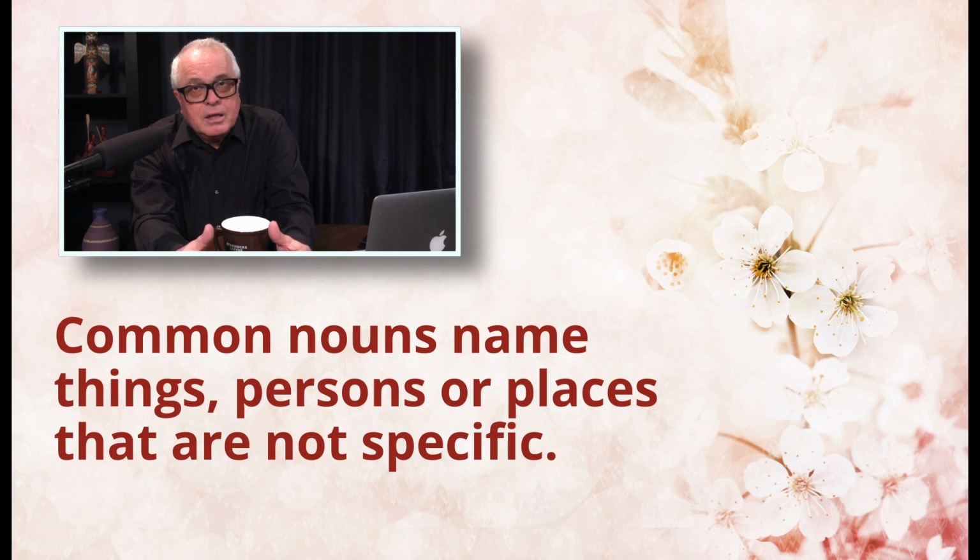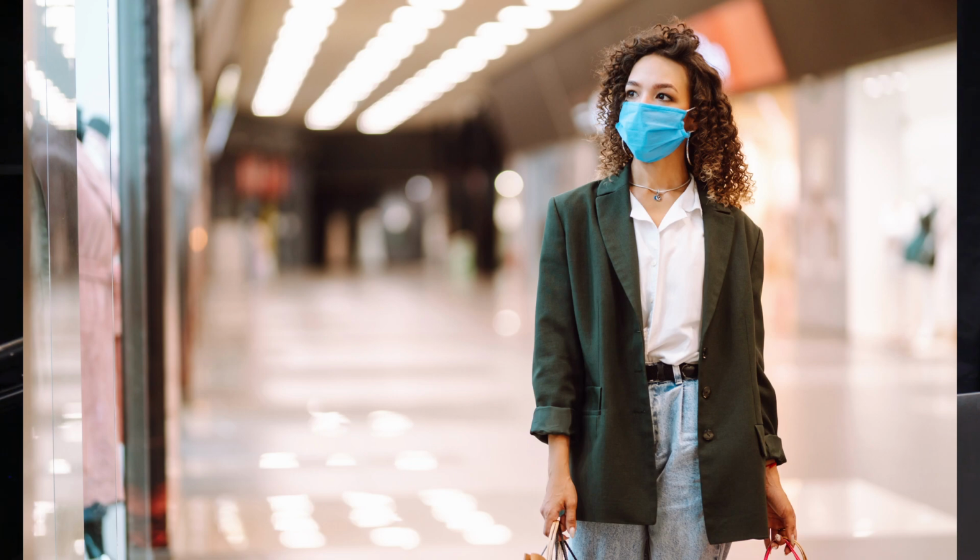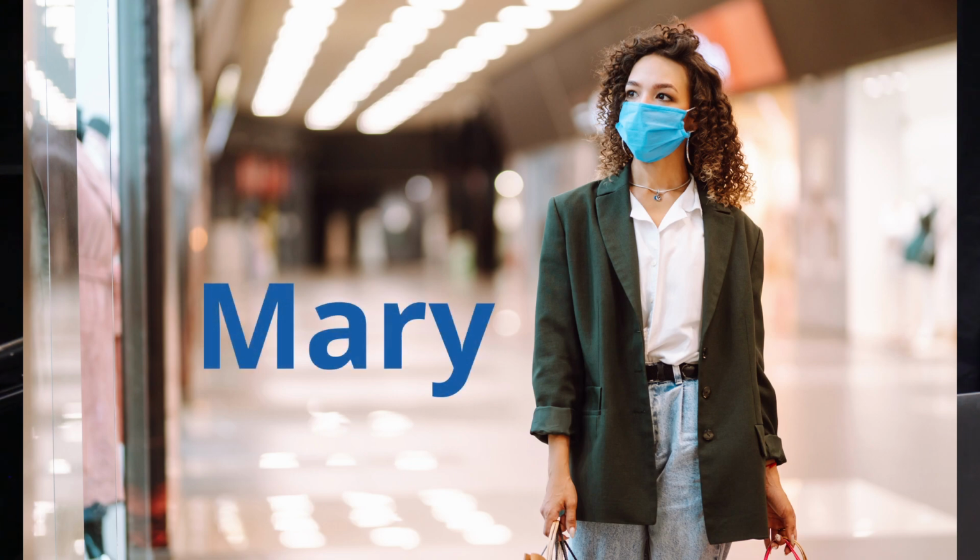Common nouns name things, persons, or places that are not specific. In our sentence that we've been talking about, we have an example of a proper noun and a common noun. Mary is a proper noun. Mary is a specific, a real person. And so we capitalize this noun even if Mary is not at the beginning of the sentence.